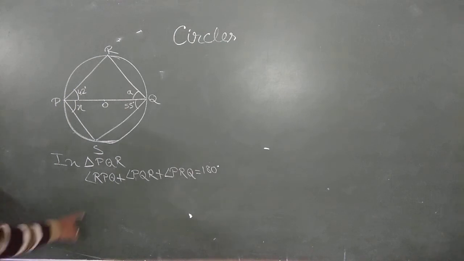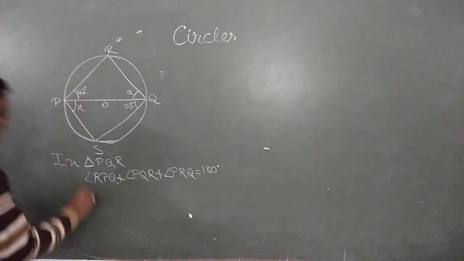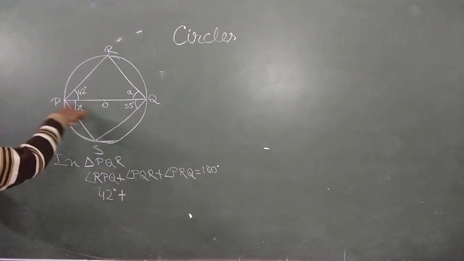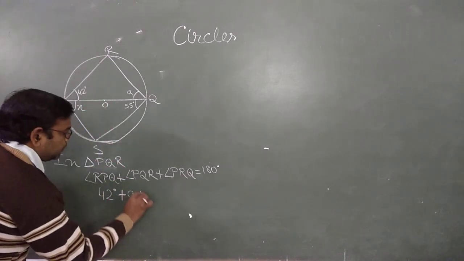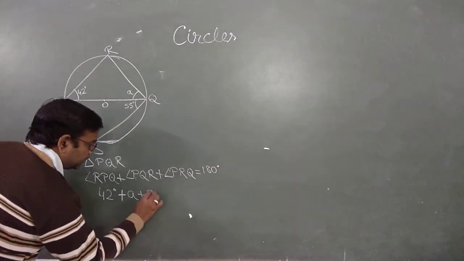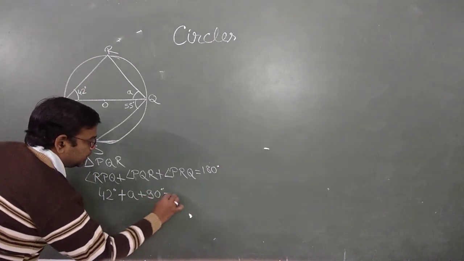But we know that angle RPQ, this one, is 42 degrees, plus angle PQR, it's a, plus angle PRQ, it's 90 degrees because it's an angle in a semicircle.